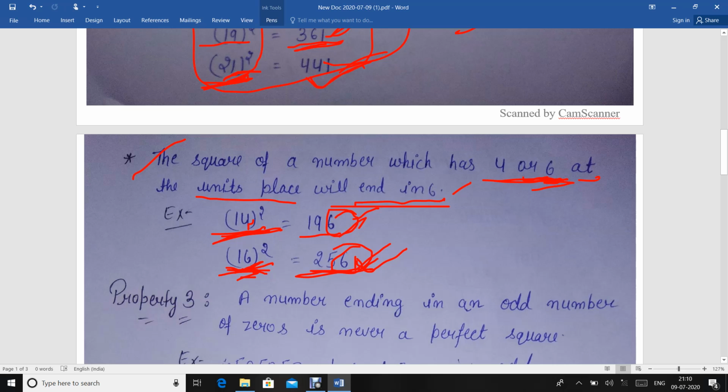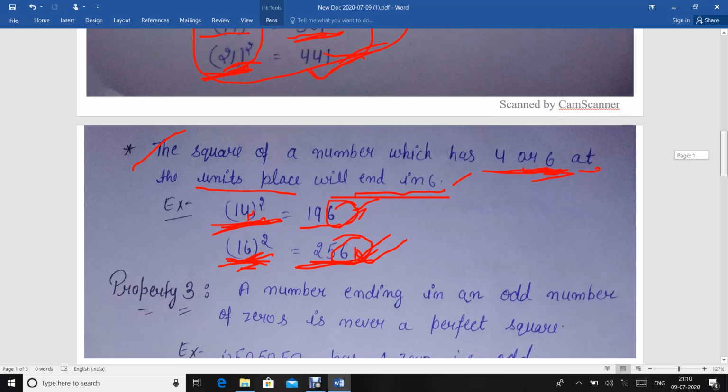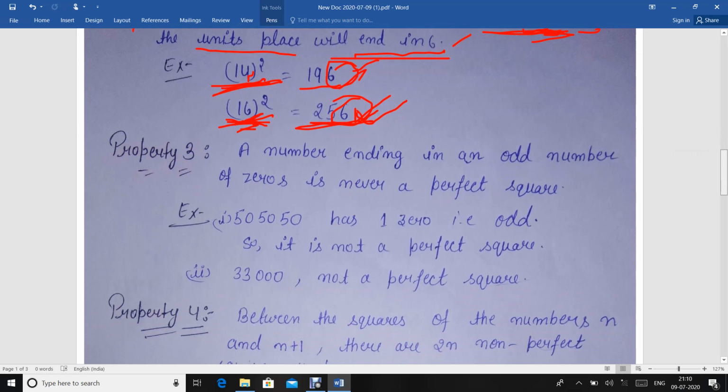Okay, let us move towards the next property, which is property number 3. This property is saying that a number ending in an odd number of zeros is never a perfect square.